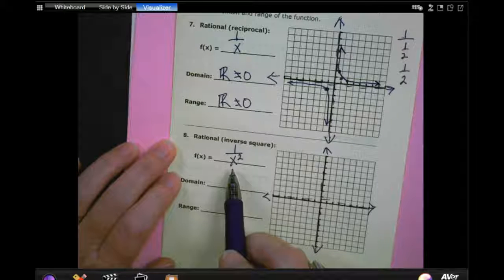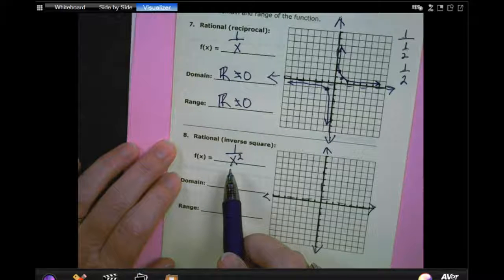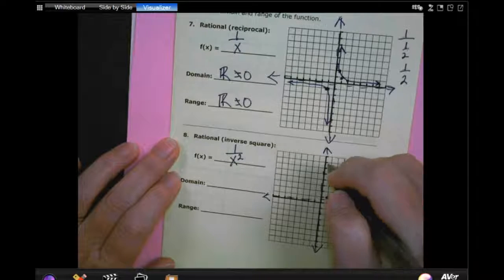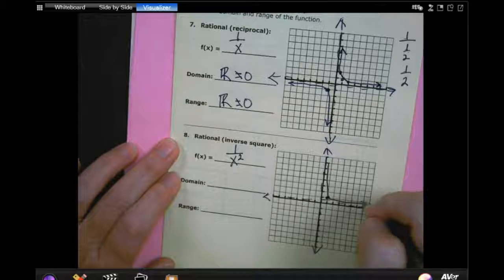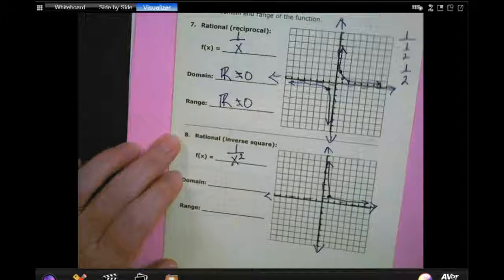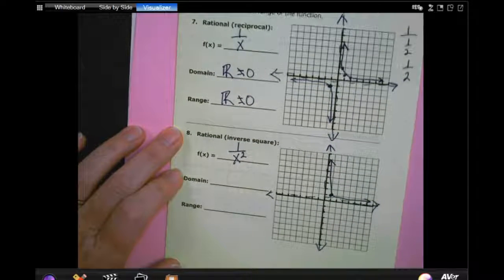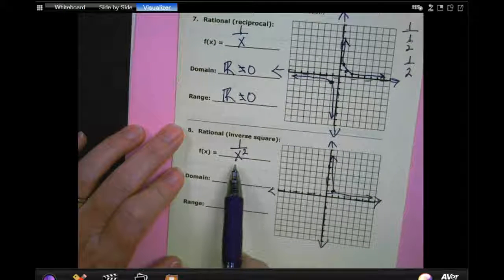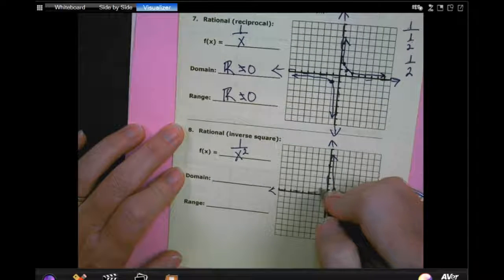If I put 1 in for x, what do I get? 1 divided by 1 is 1. So it's still 1. So this branch didn't change at all. But what happens this time if I put negative 1 in for x? It's still 1, right? So my negative 1 would be 1.